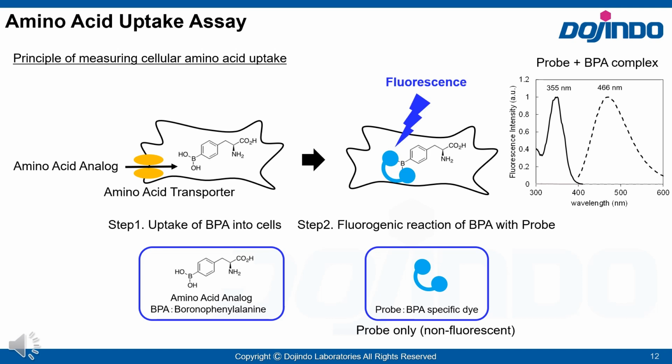Our method can be applied to fluorescent imaging, microplate measurement, and flow cytometry. It is thus useful both for evaluating cellular amino acid uptake activities and for screening amino acid transporter inhibitors.